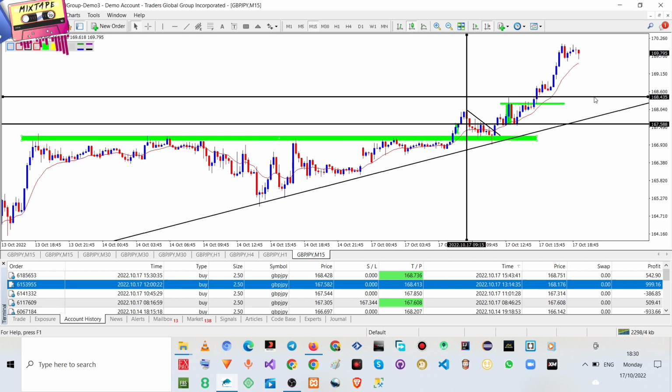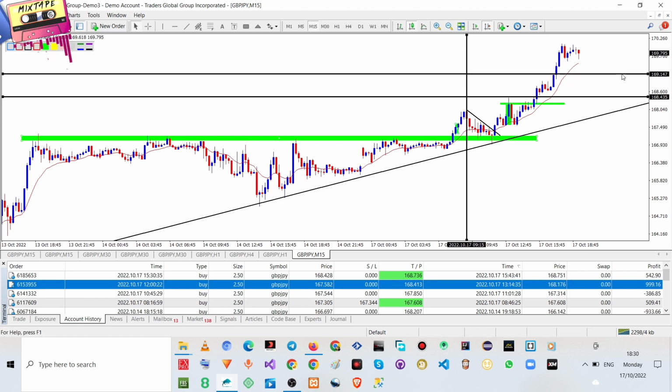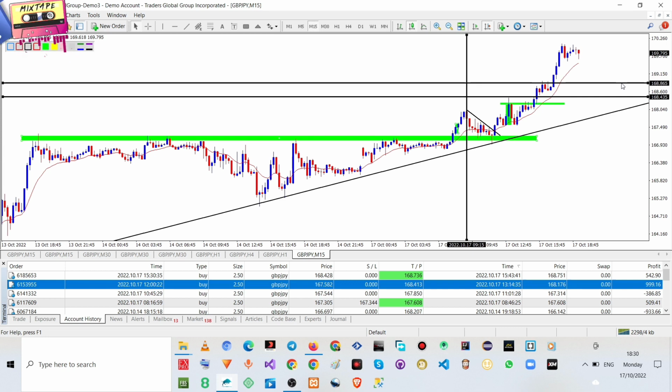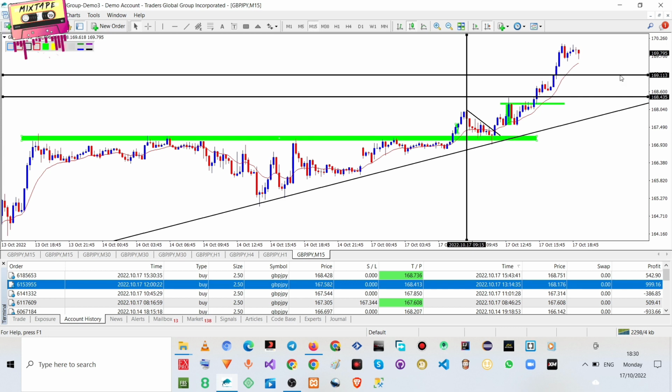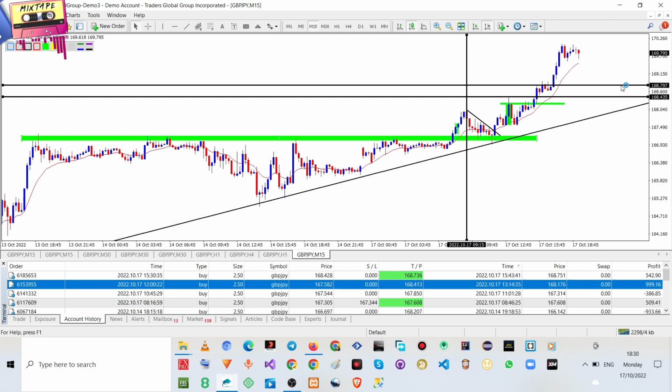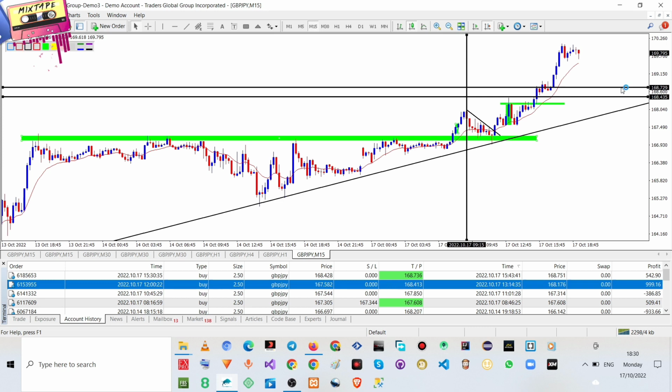So basically from this area to 168.751. Okay, that's 752. So yeah, you can see that it was from that area to that area. It was a 30 pip trade.